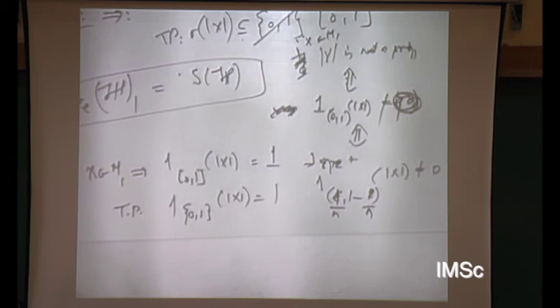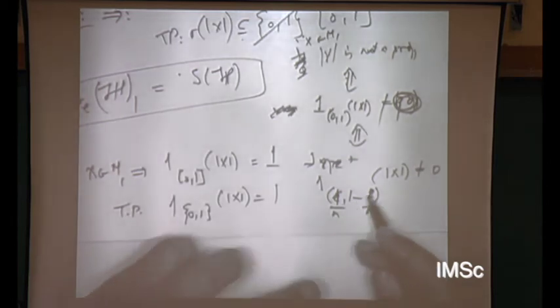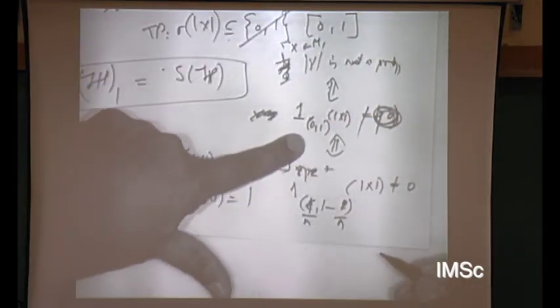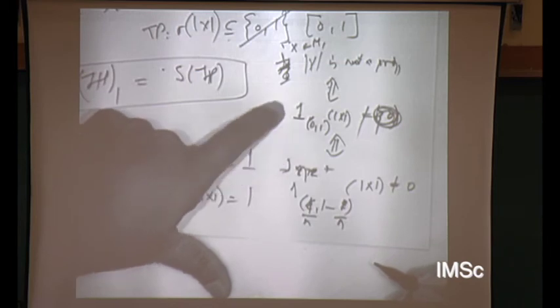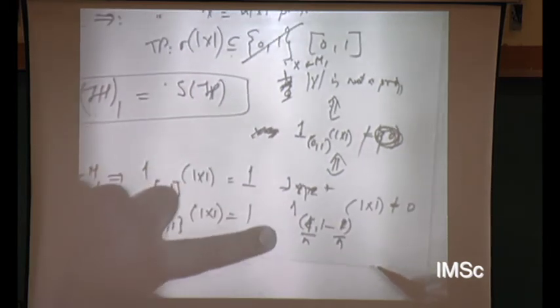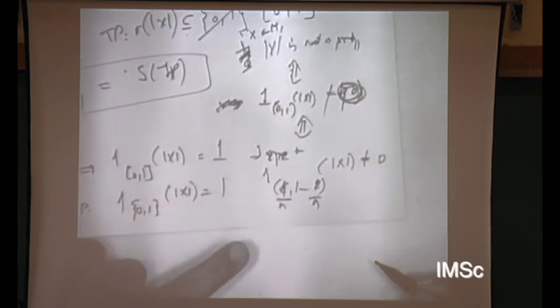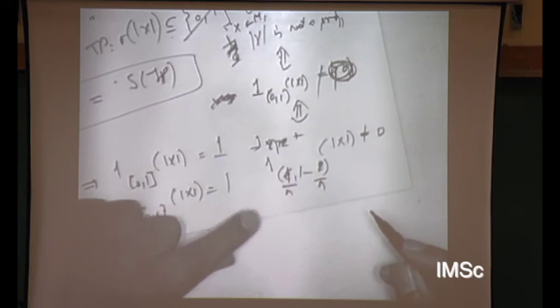So if these intervals increase to that whole interval, then the sup of these projections will be that spectral projection. So this sequence of projections will converge to 1 sub (0, 1) of mod X. So if this is not 0, then one of these must be non-zero.